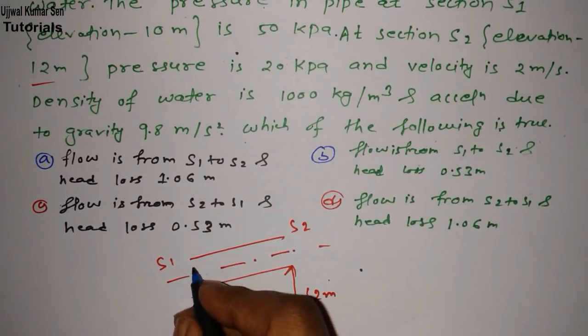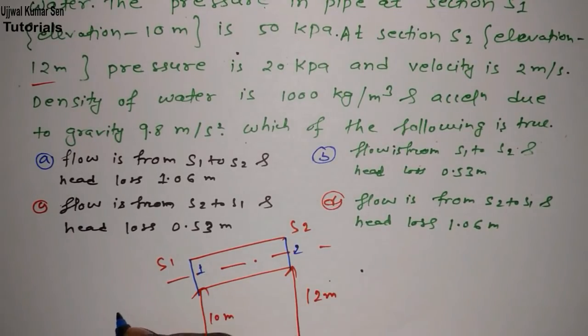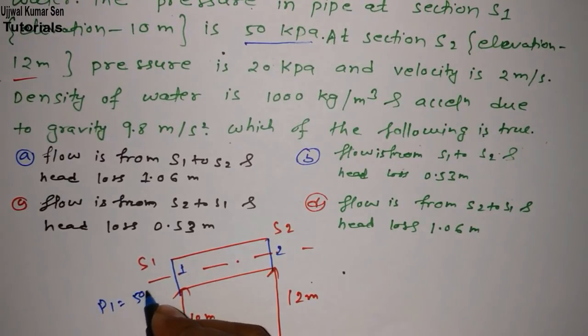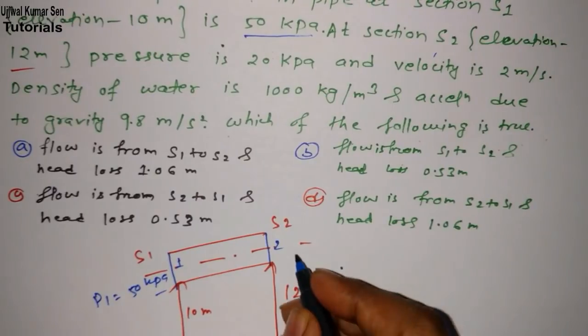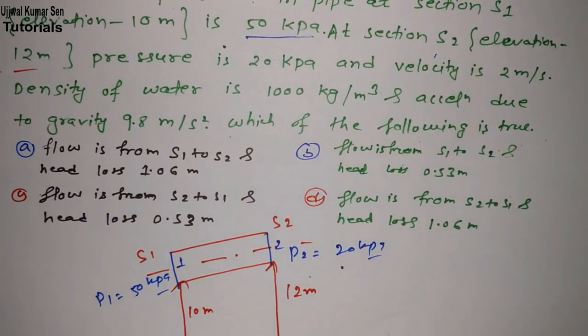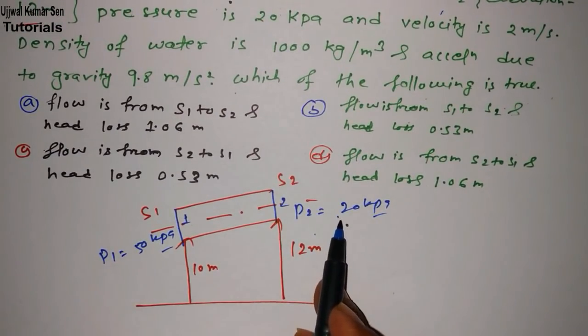Here this is 1 and this is 2. At 1 they said the pressure is 50 kilopascal, so P1 is 50 kilopascal, and at S2 the pressure P2 is 20 kilopascal. That clearly shows there is a decrease in pressure energy.